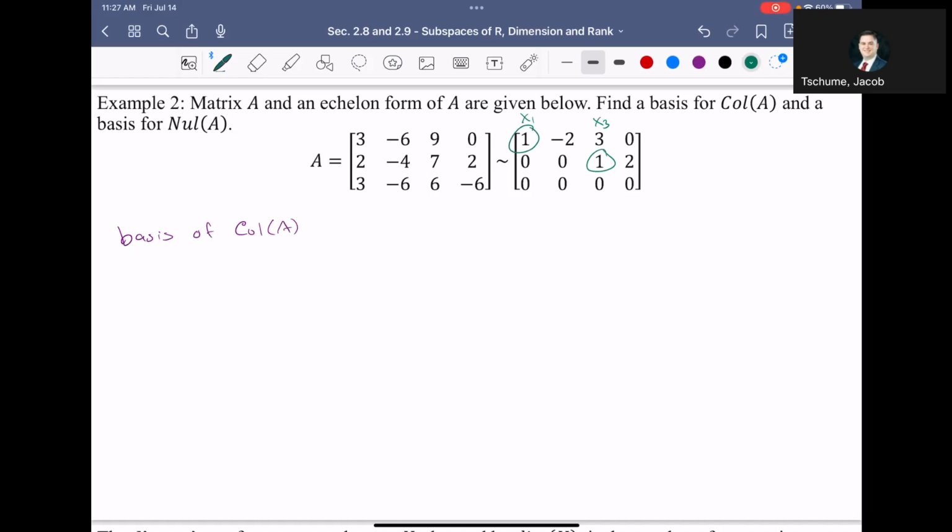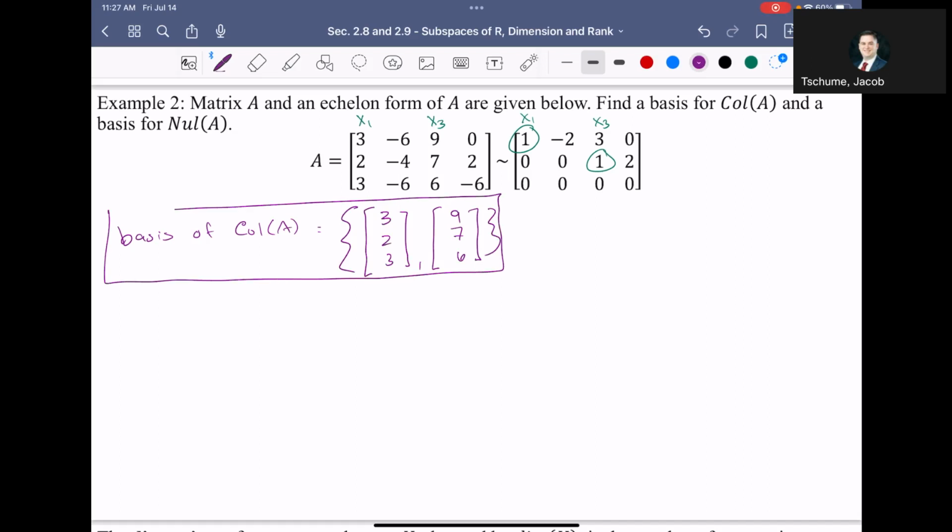So if I go back to the original matrix and I identify the two original columns that match up, that's what I'm going to write for my basis. I'll go curly brace. I'll do the first vector, which is 3, 2, 3, comma the third vector, which is 9, 7, 6. This is the basis of my column space. It's always the easier of the two.